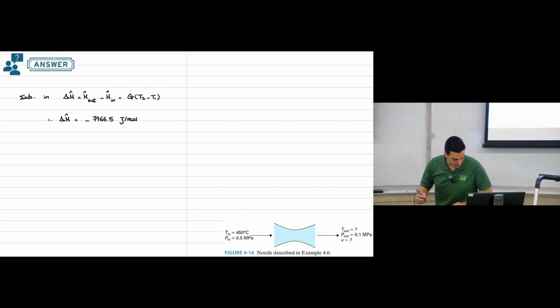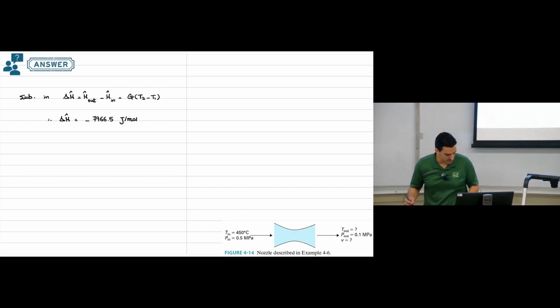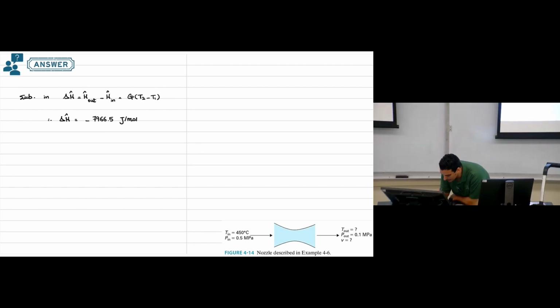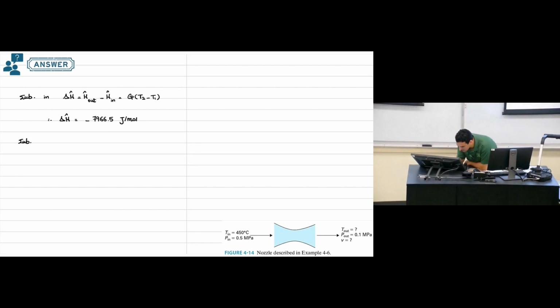So now we can go to the first law of thermodynamics. That says the outlet velocity squared over 2 equals H in minus H out.